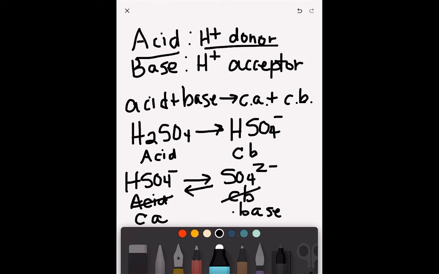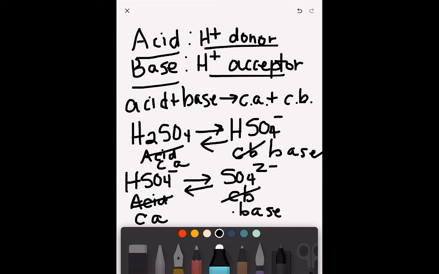This could still accept another hydrogen ion to make it neutral because it's negative. If it accepted one more positive, it would be neutral. So if this HSO4 minus accepts a hydrogen ion, remember that's a base, a hydrogen ion acceptor. If it accepts a hydrogen ion, then it is a base. And then the H2SO4 would be the conjugate acid to that base. Okay? So it just depends upon which direction you're looking.